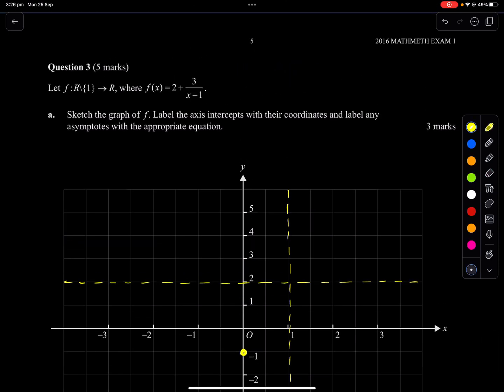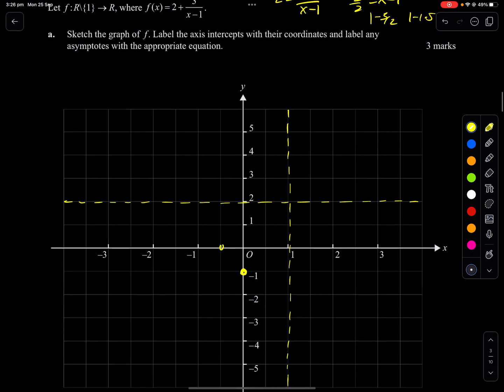So we can say negative 2 equals 3 over x minus 1, so x minus 1 equals negative 3 on 2, which is minus 1.5, so x is negative 0.5. So it crosses around here.